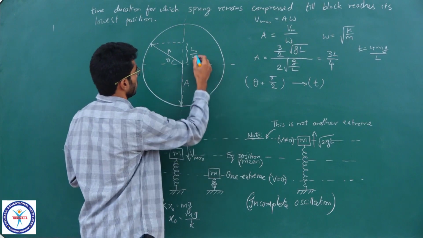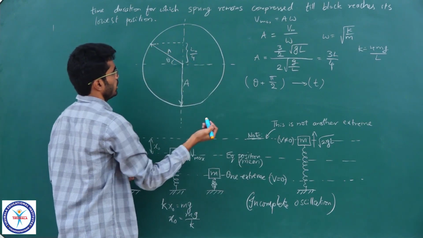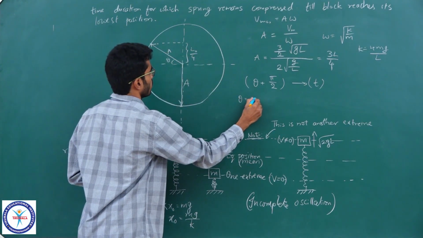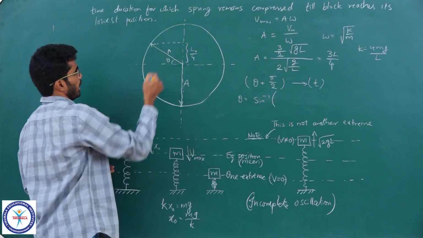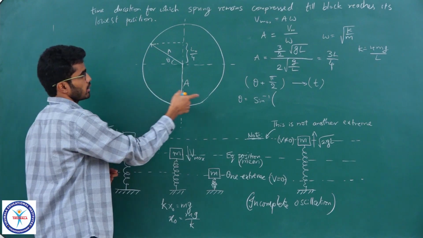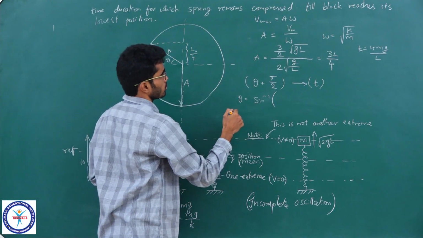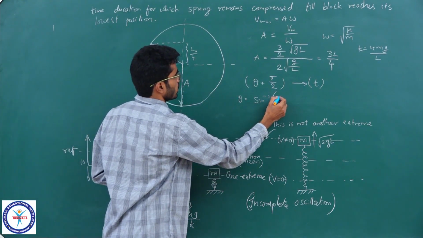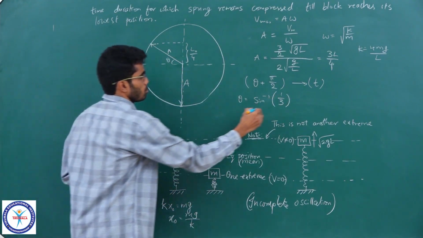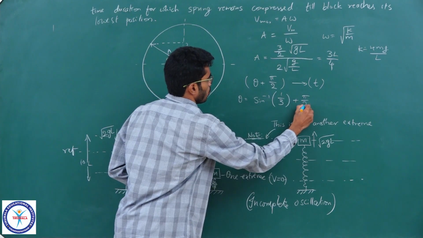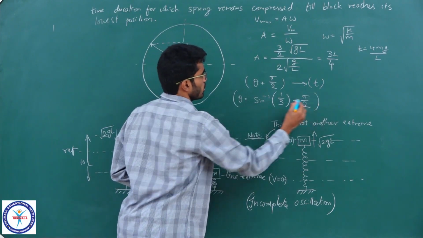Sin theta is opposite by A. So, theta we can write it as sin inverse L naught by 4 by 3 L naught by 4. So, this will give you 1 by 3 plus pi by 2. This will be the phase covered.